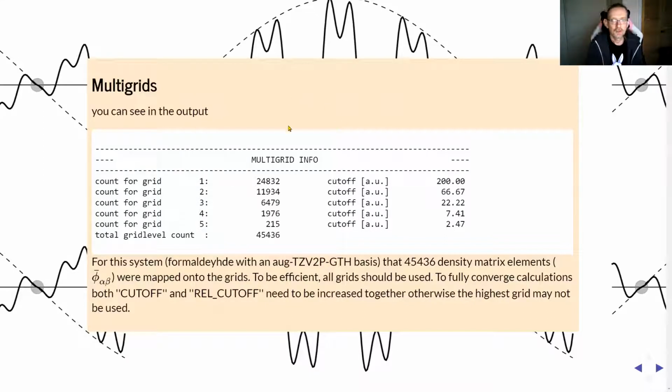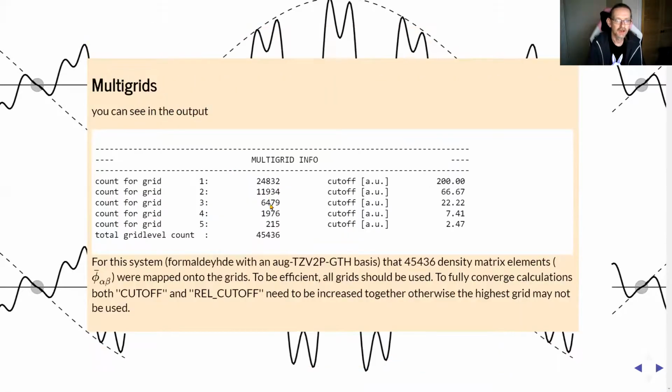What you see at the end of an output file is a little thing saying how many of the pairs of functions are being put onto the different multigrids, and what you want to get is a reasonable balance across the different grid levels. You can see that this fifth grid is hardly being used here.